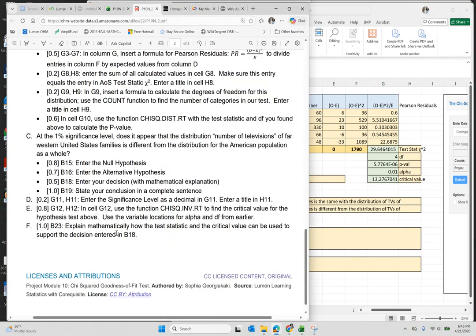So in B23, we want to explain mathematically how the test statistic and the critical value can be used to support the decision entered in B18.